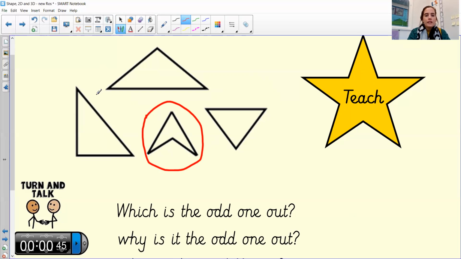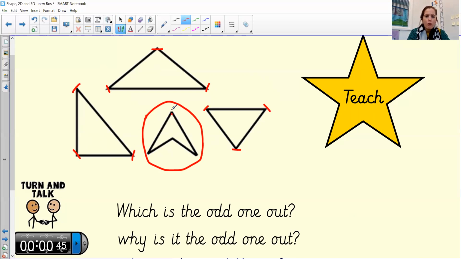Well, if we look at these ones, they've all got 3 corners. Again, not the correct mathematical term, but we're going to come back to that in a minute. And they've all got 3 sides. Has this one got 3 corners and 3 sides?